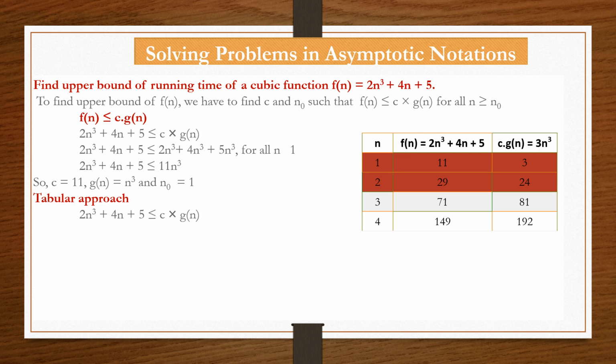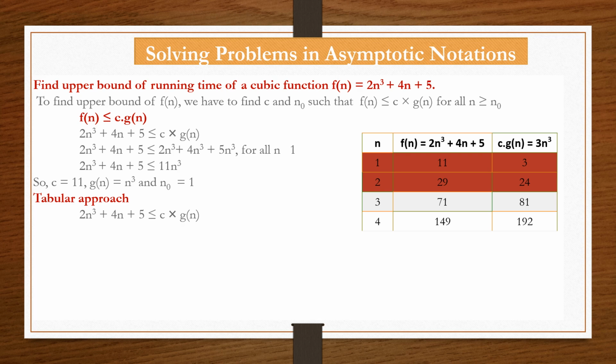Here we did it in a generalized way by adding 2n cube plus 4n cube plus 5n cube. But here we are going to try with 3n cube. You can start with 3n cube. So apply different values of n in f of n and g of n, and we can find when n is 3, this condition holds.